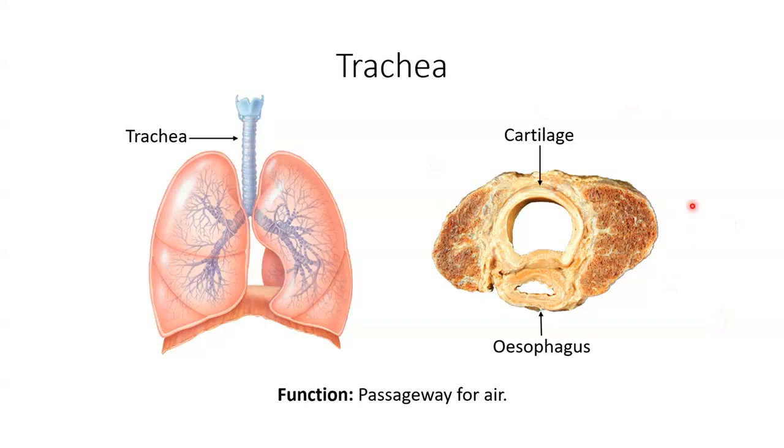Now, looking at this view of the trachea, you can see that this structure is made up of a series of incomplete horizontal C-shaped rings of hyaline cartilage. This white structure here is cartilage. It doesn't actually go all the way around the trachea. It's incomplete and makes the shape of a C. The open part of the C faces posteriorly to the esophagus.